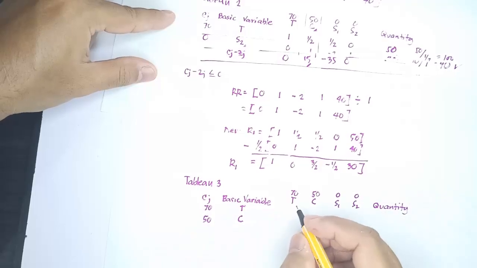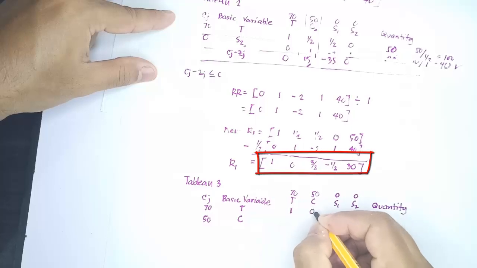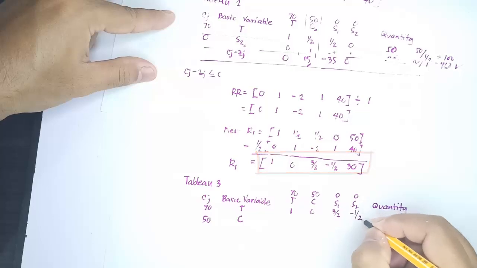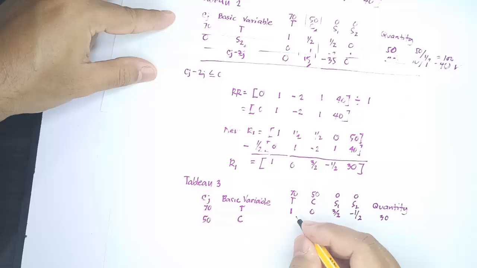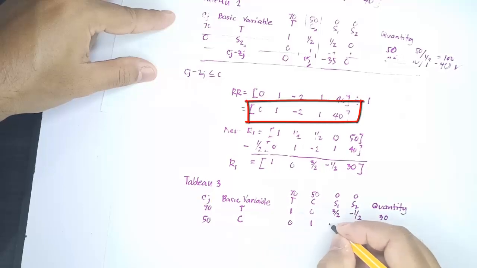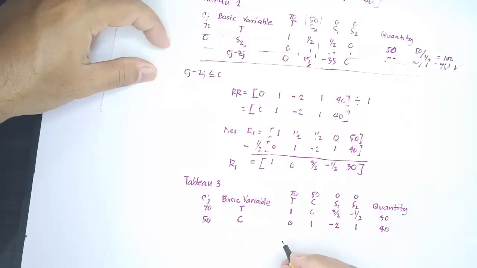The elements of row 1: 1, 0, 3 over 2, negative 1 half, 30. Elements of row 2, which is the replacing row: 0, 1, negative 2, 1, 40.